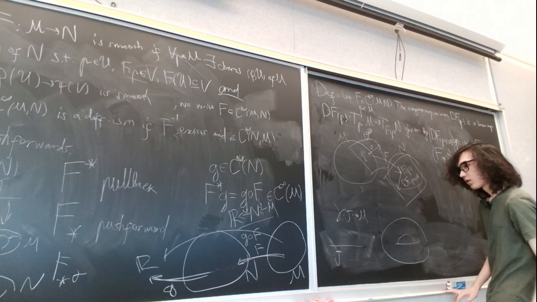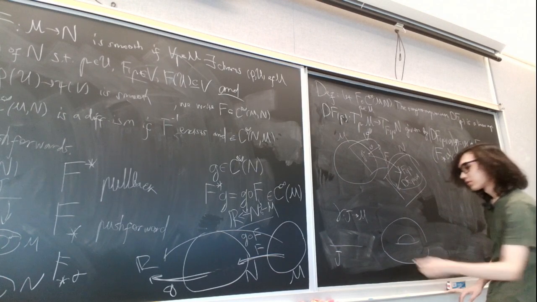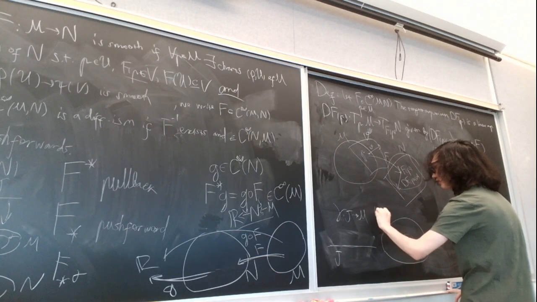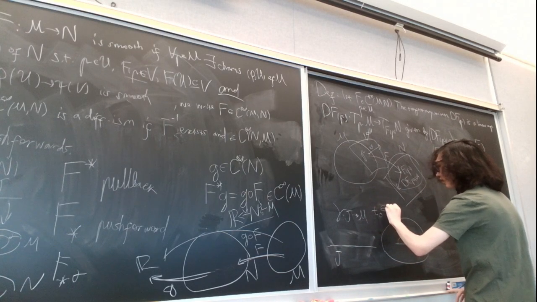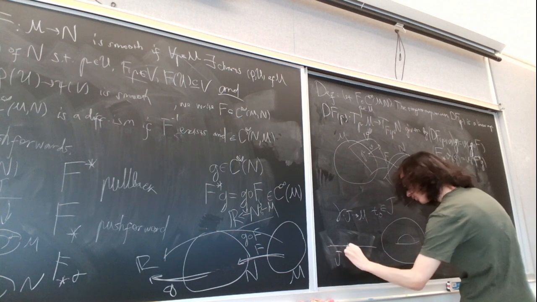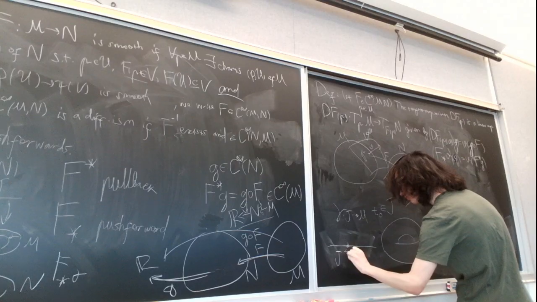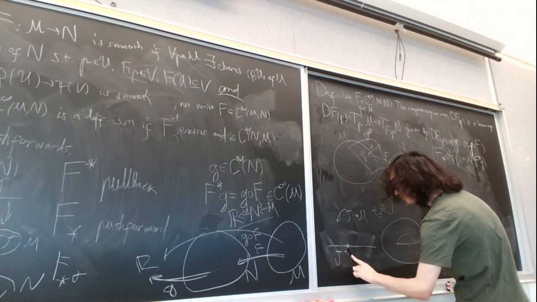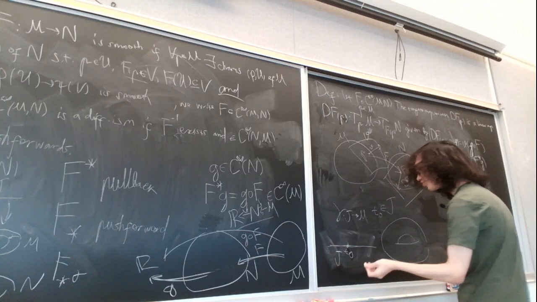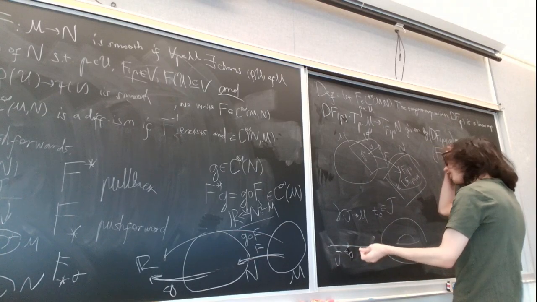We have some point t0 in J, and we think of the tangent space there.